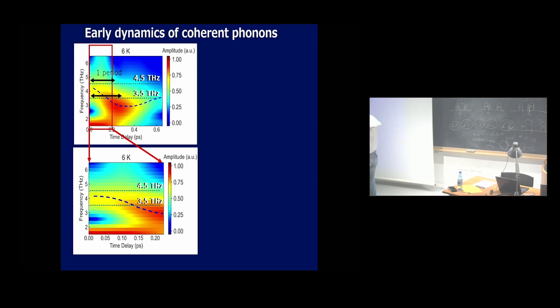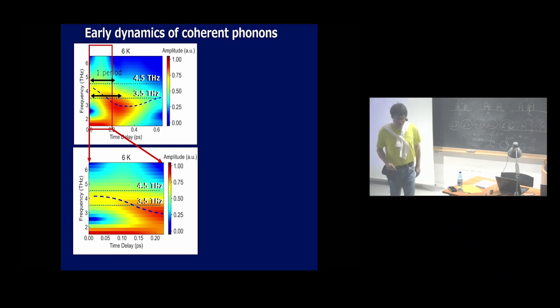However, the 3.5 terahertz mode showed very complicated behavior. First, it looks like it builds up on a time scale of about 100 femtoseconds, and the frequency showed some modulation.